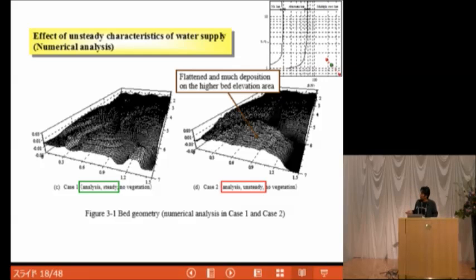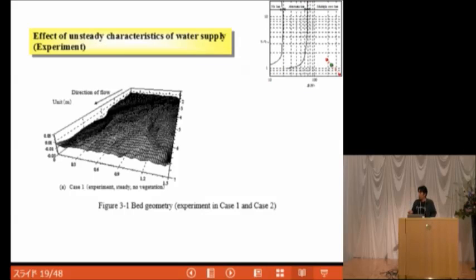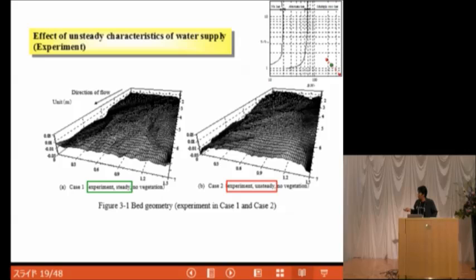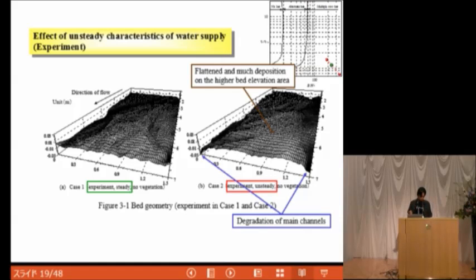On the other hand, flow will concentrate in the main channel, so the scale of the channel becomes larger, and degradation will happen in the main channel. The same kind of phenomena can be observed in the experiment. Comparing these two, on the higher bed elevation area, the bed geometry tends to be flat, and in the main channel, degradation will happen under unsteady flow condition.